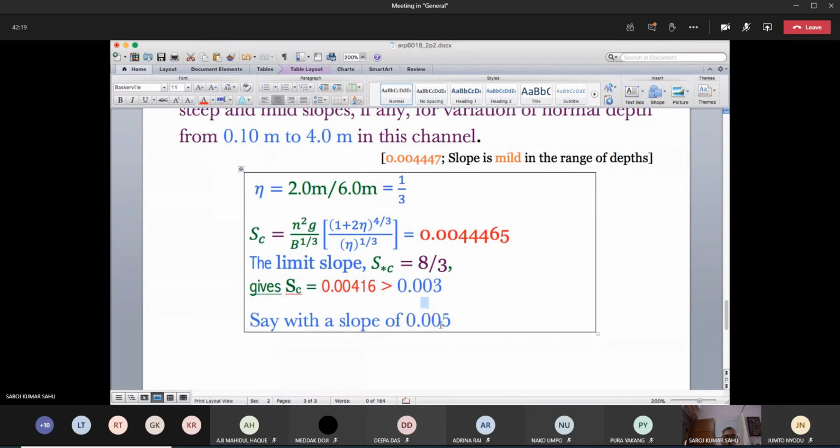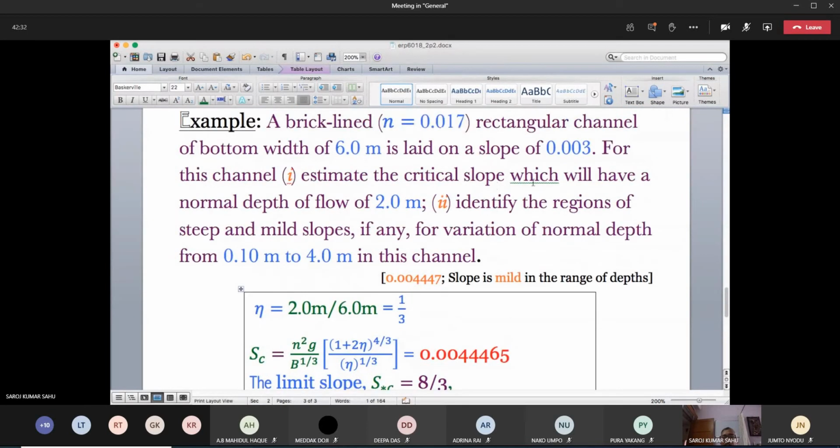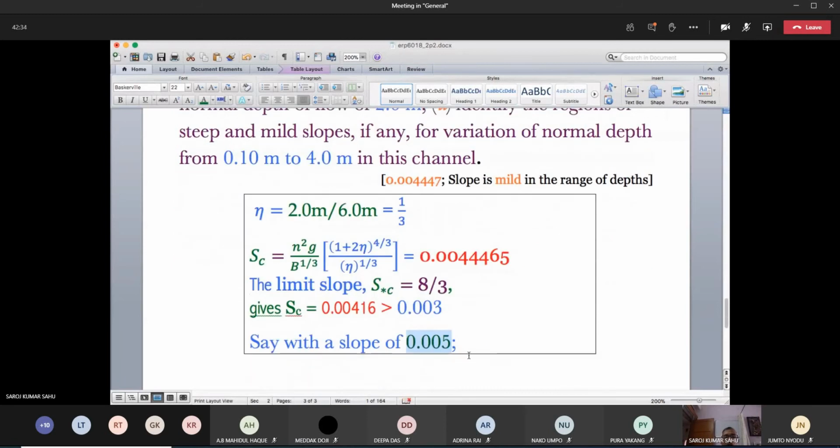In case in the question the slope is 0.005 here, what will be A star C?